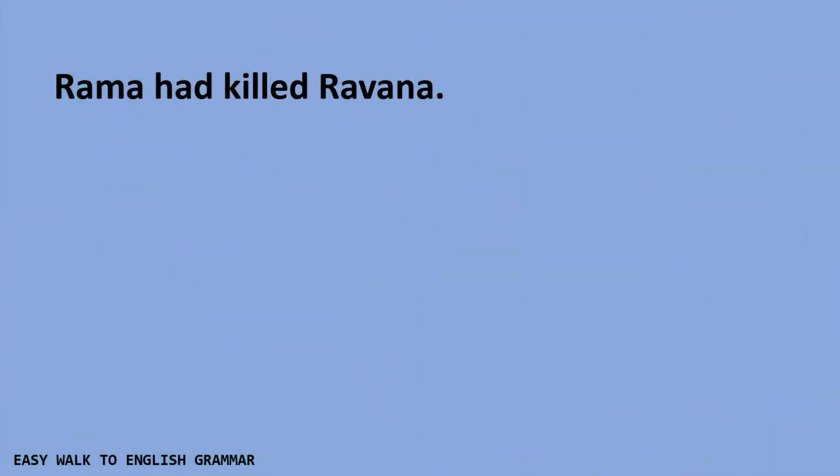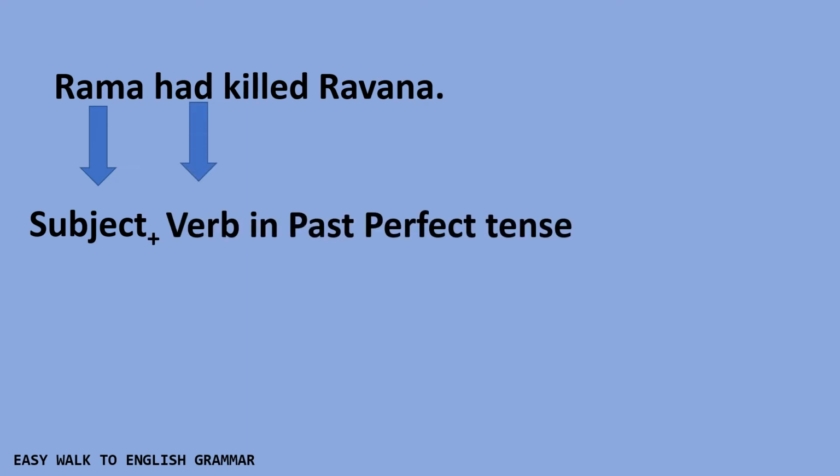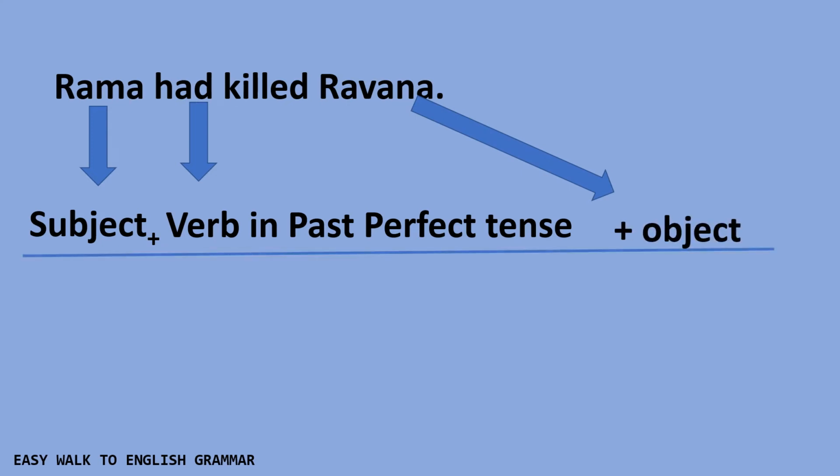Here we will deal with active voice in past perfect tense. Rama is subject. Had killed is a verb in past perfect tense, and Ravana is the object. This is the format of active voice in past perfect tense.